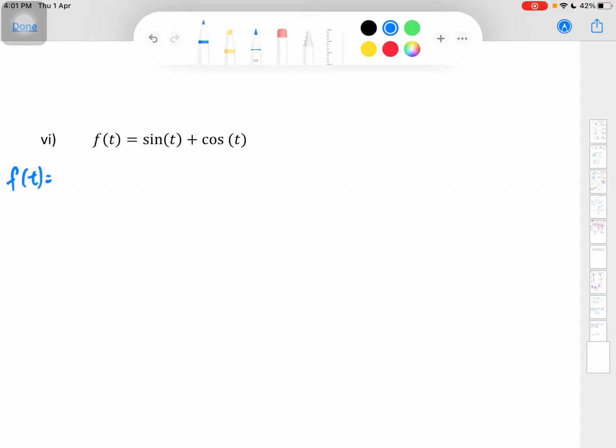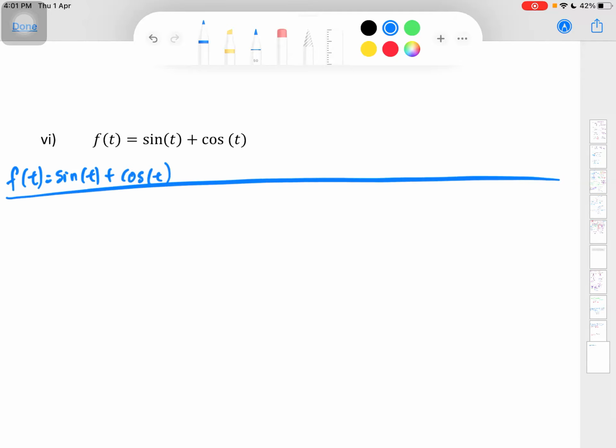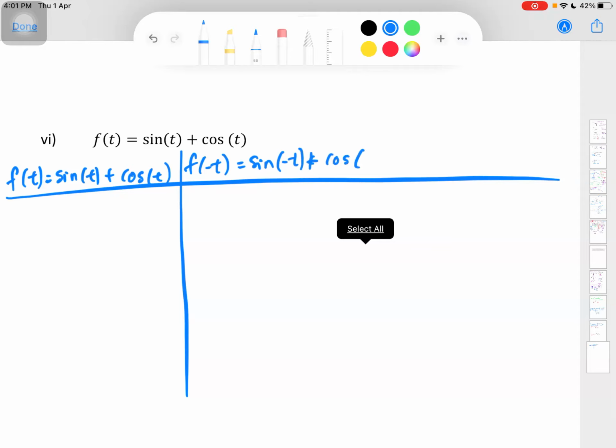F of t is sine t plus cosine t, and f of minus t will be sine of minus t plus cosine of minus t, and minus f of t will be minus sine t plus cosine t.